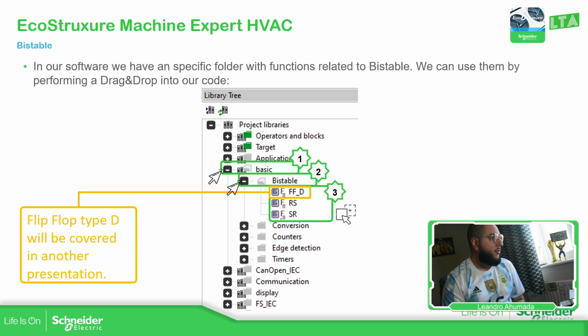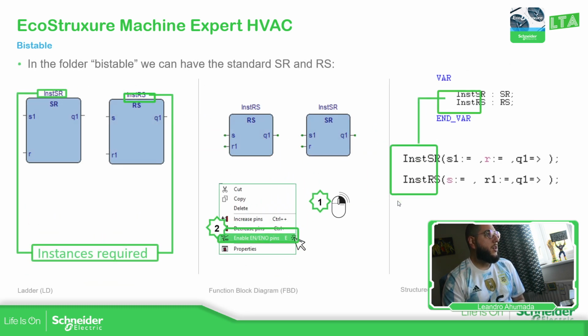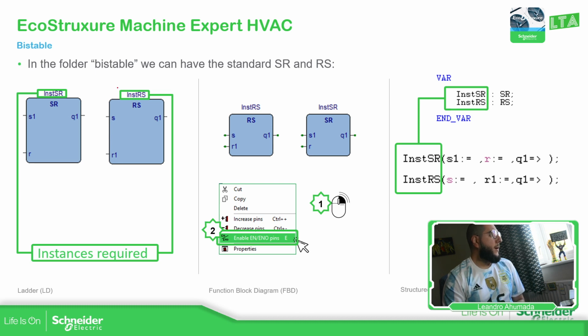You can see these are FBs, so this one needs an instance. Similar to the other blocks that we saw, once we drag and drop it, if it's ladder or FBD, we should be able to create the instance. It shall pop up a message, just give the name of this instance, and then we just need to use them.